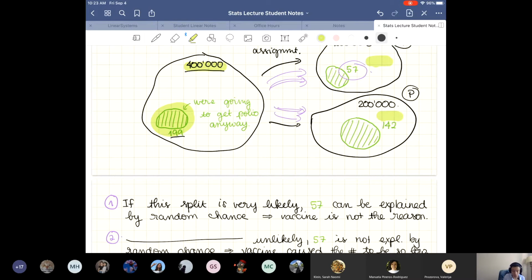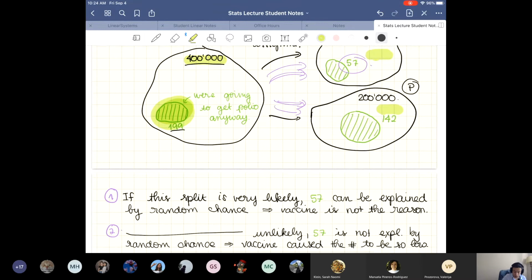So that means that most of the time, by dividing this 400,000 into two groups, I'm going to end up more or less evenly splitting the 199 as well. Can I see now a show of hands for everybody that understands that? Okay, seeing a lot more hands.